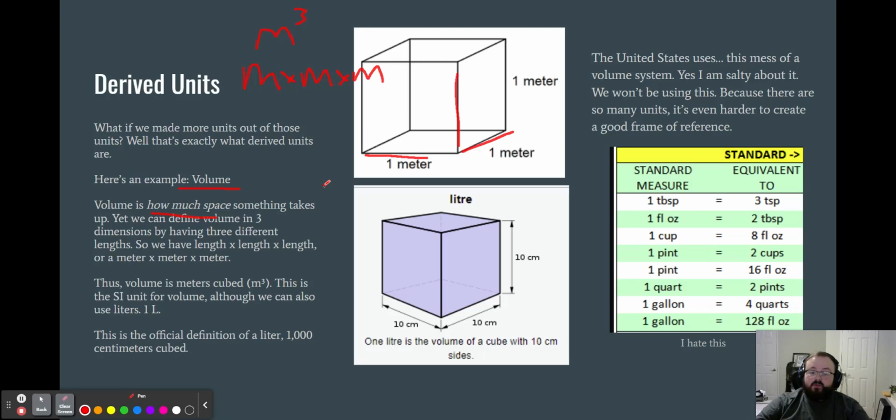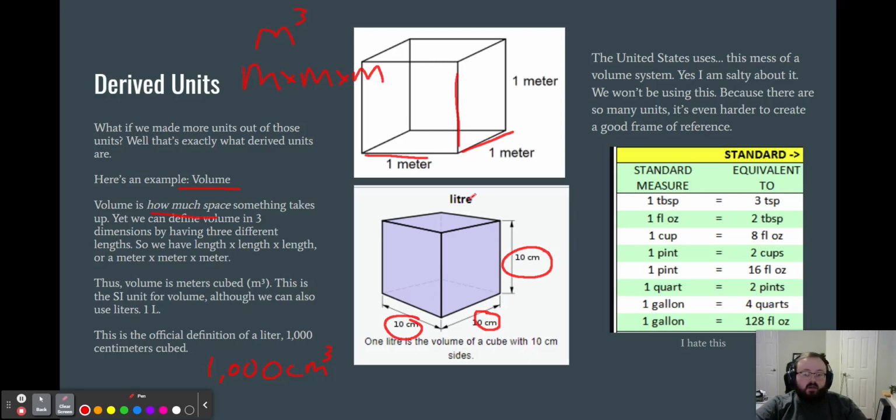But we also use in the SI world, and we're going to use this in chemistry, the liter. The official definition of a liter is 1,000 centimeters cubed, which you would get by taking 10 centimeters times 10 centimeters times 10 centimeters.